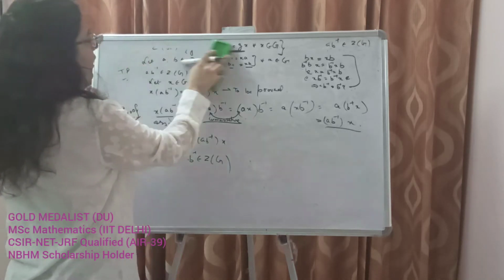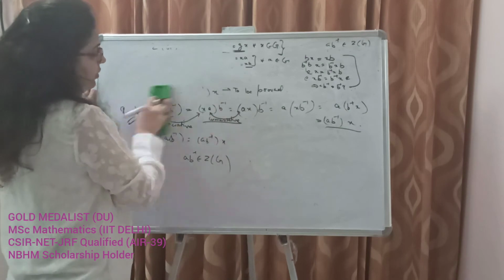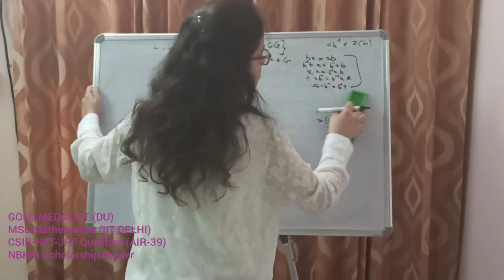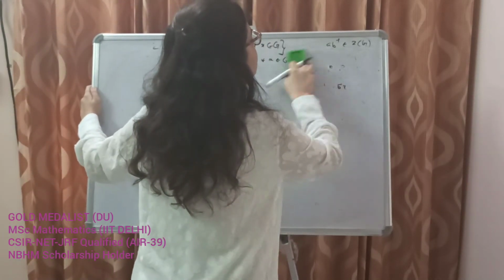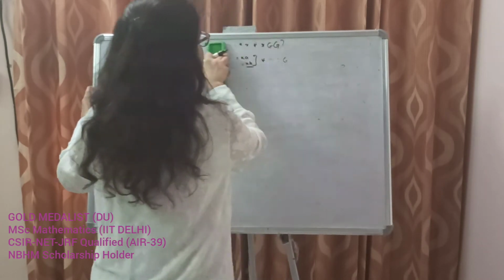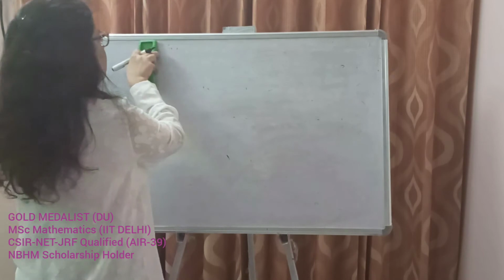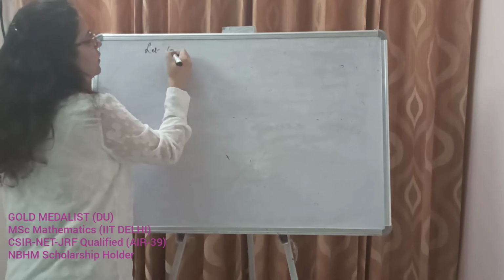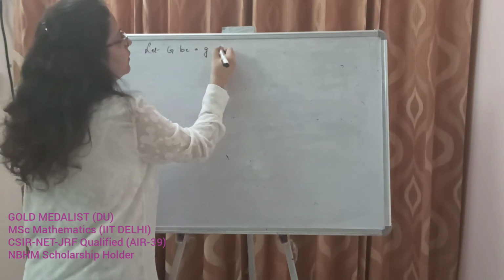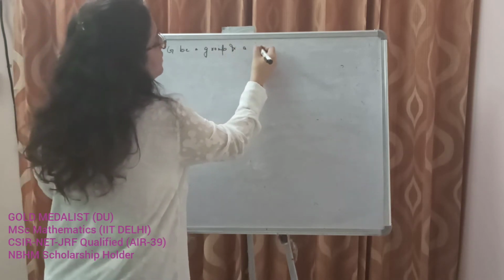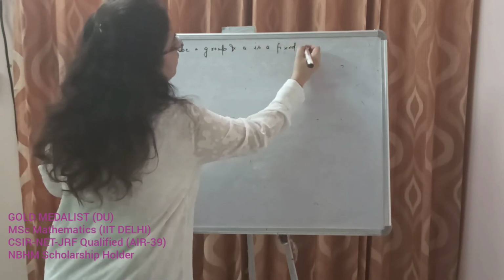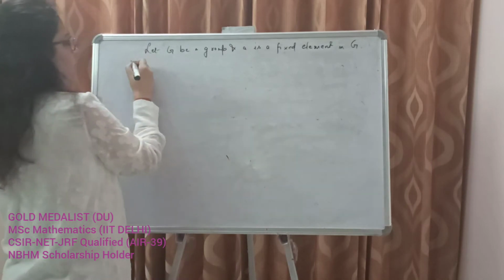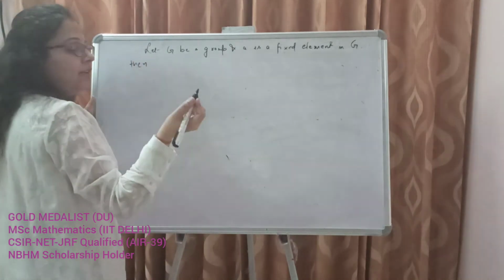So our next special kind of subgroup is the centralizer of an element in G. Let G be a group and A a fixed element in G. Then what is the centralizer of A in G?